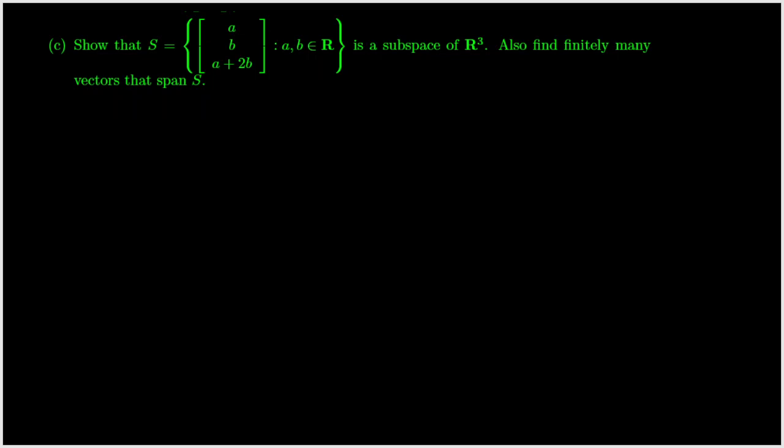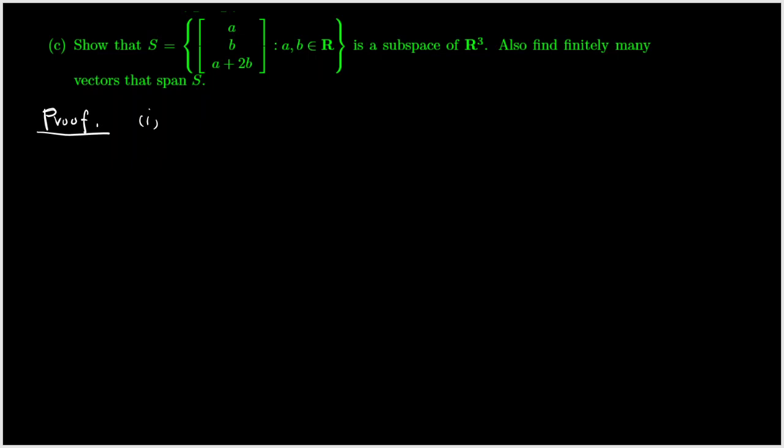Okay, in any case, we'll show S is a subspace first. Do not write a solution; write a proof if you want to write something. I know many of you guys, so don't bother to write anything.